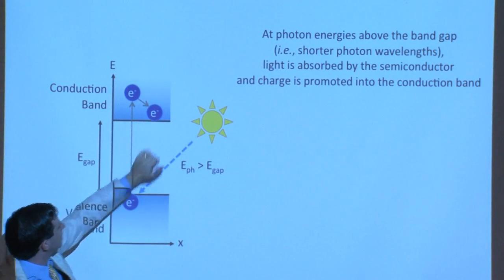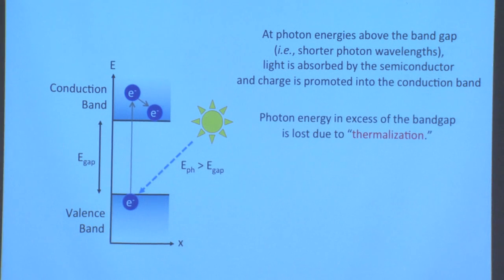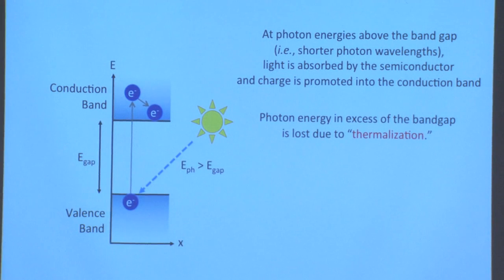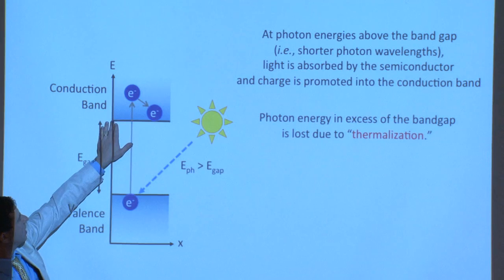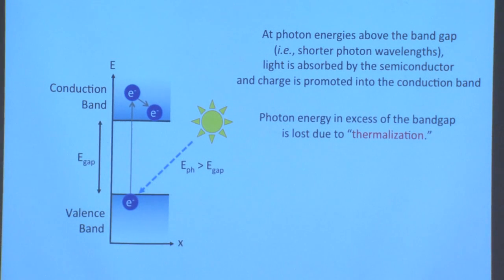This settling down is a process called thermalization. It occurs because there are a series of states. The electron can very easily move between them by emitting phonons, or lattice vibrations, or heat. And very quickly, that electron will settle down into what is referred to as the conduction band minimum, the minimum energy level within the conduction band.